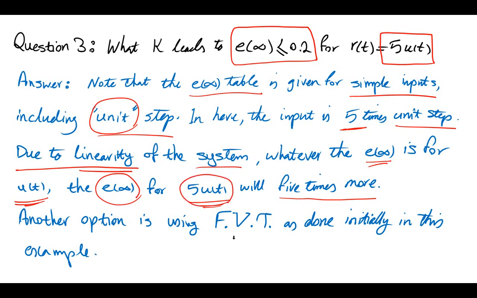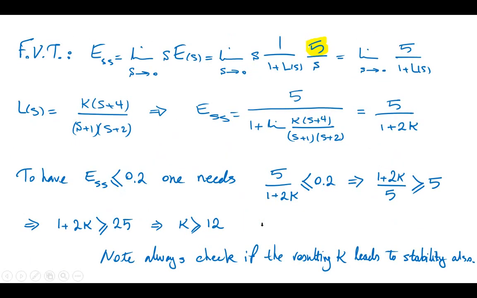Another option is using the final value theorem, as done initially in this example. Let's use the final value theorem. The steady state error, as s goes to 0, is s multiplied by E(s). E(s) is the transfer function E(s) over R(s), so let's multiply it by the input.